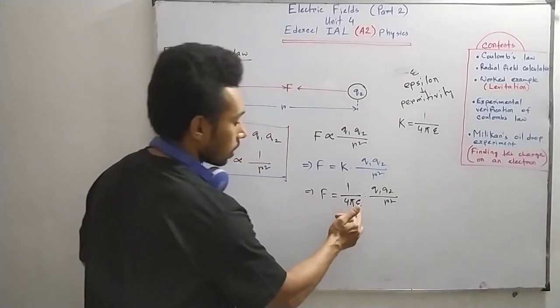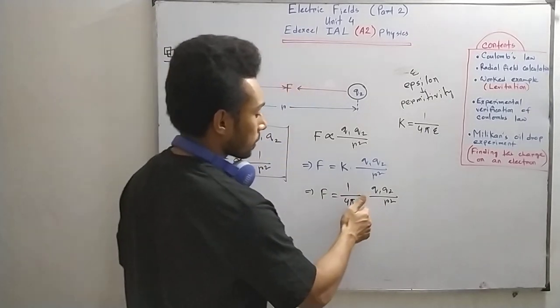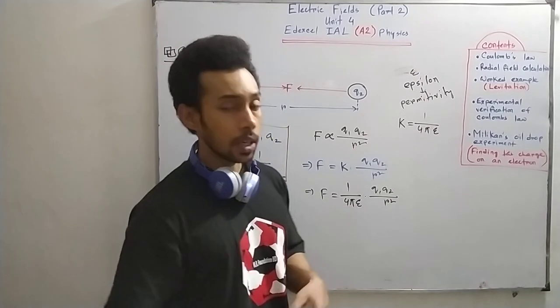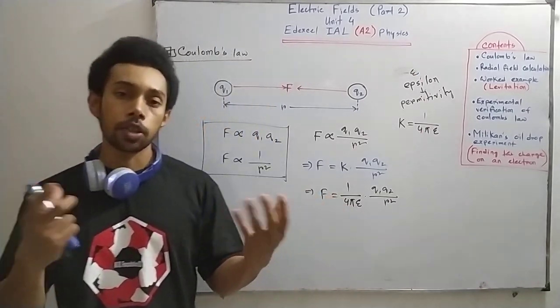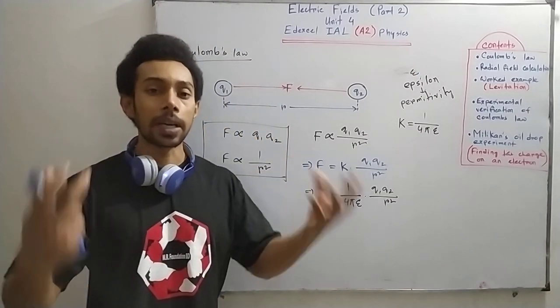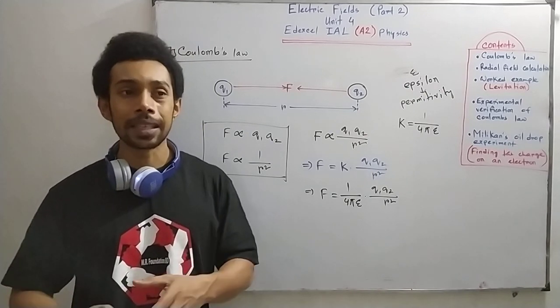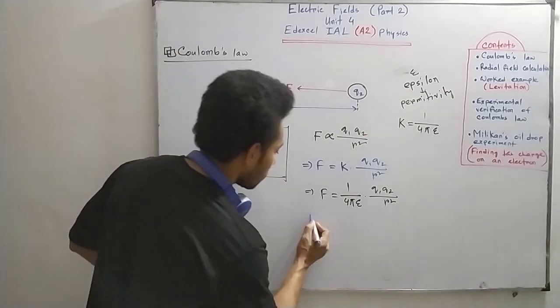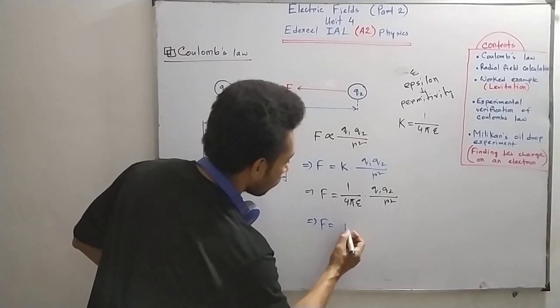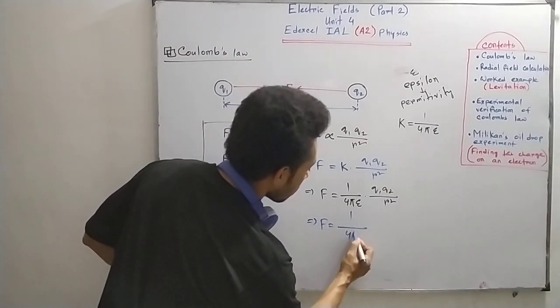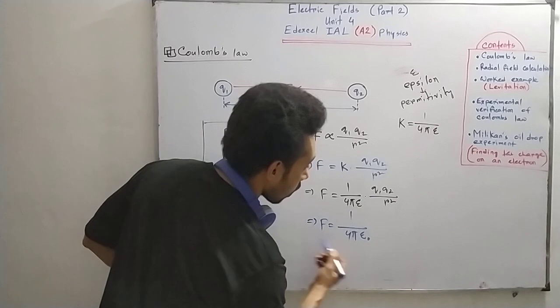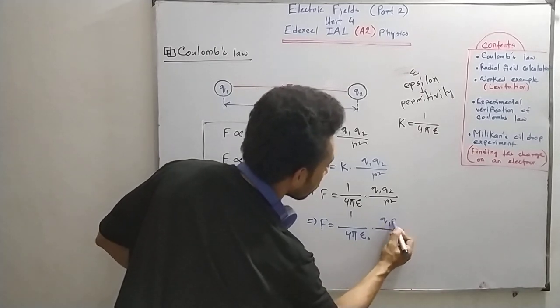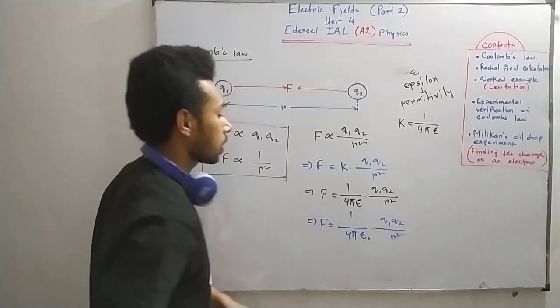Therefore we can write 1 by 4 epsilon Q1 Q2 by R square, and if the two charged objects or two charged particles are placed in vacuum or free space, then we can write F is equal to 1 by 4 pi epsilon naught into Q1 Q2 by R square.